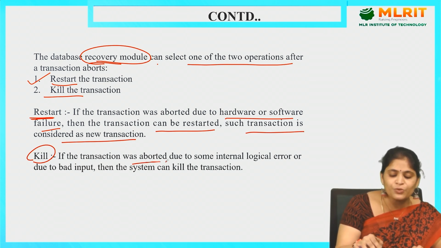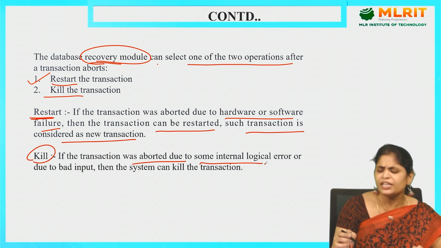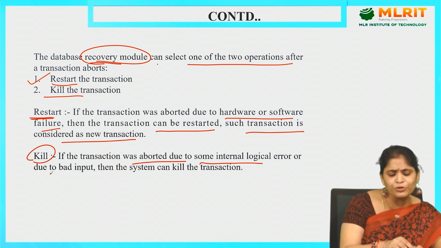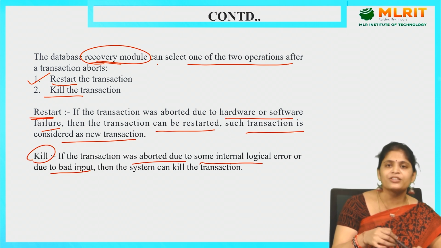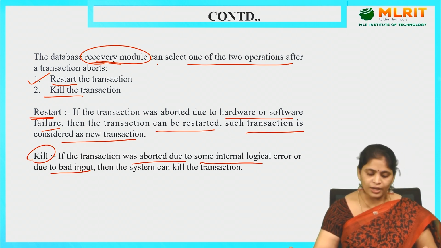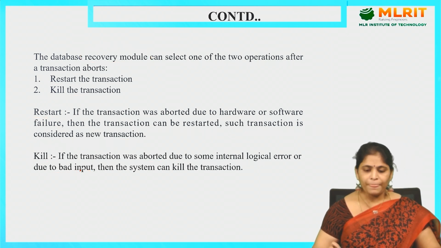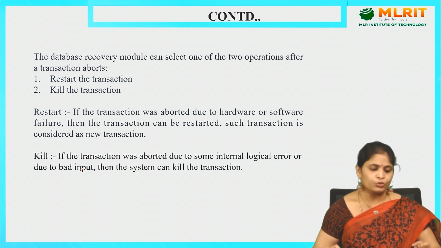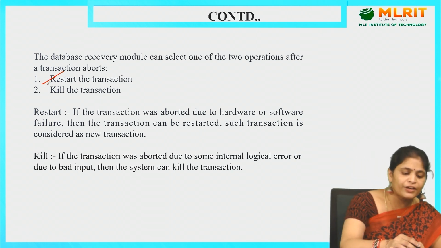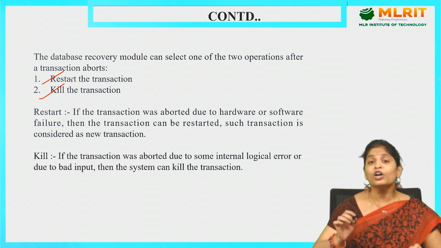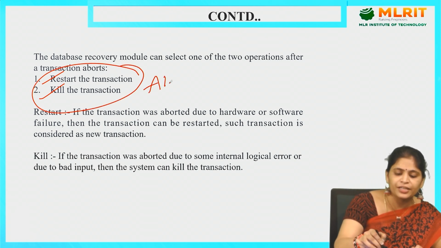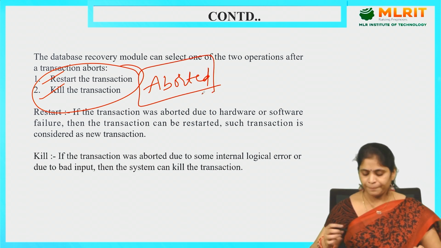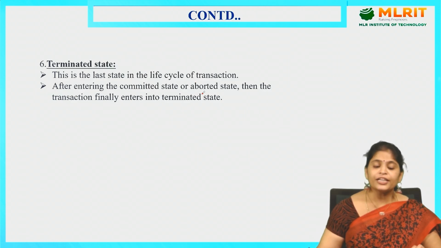If a transaction was aborted due to some internal logical error or some bad input, then we cancel or kill the transaction. So these are the two types here, restart and kill. These two will be represented in which state? In the aborted state.